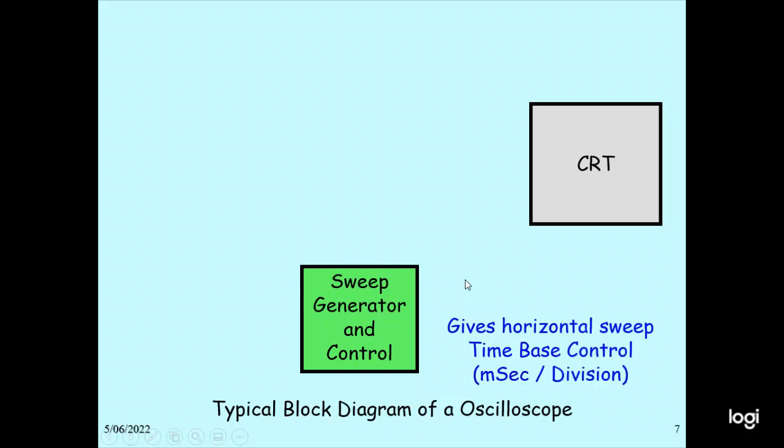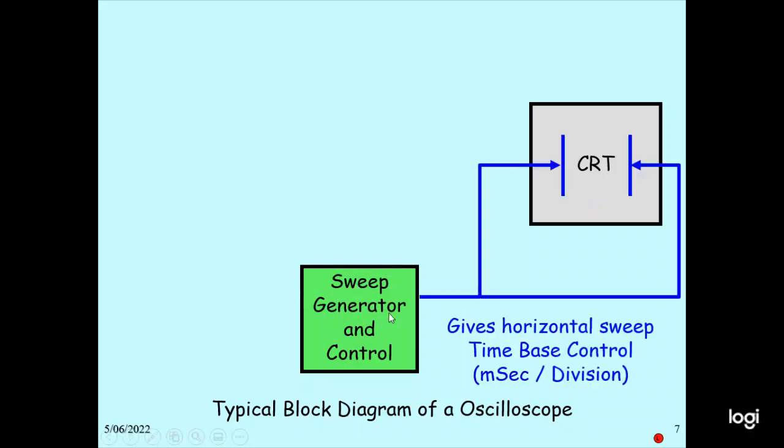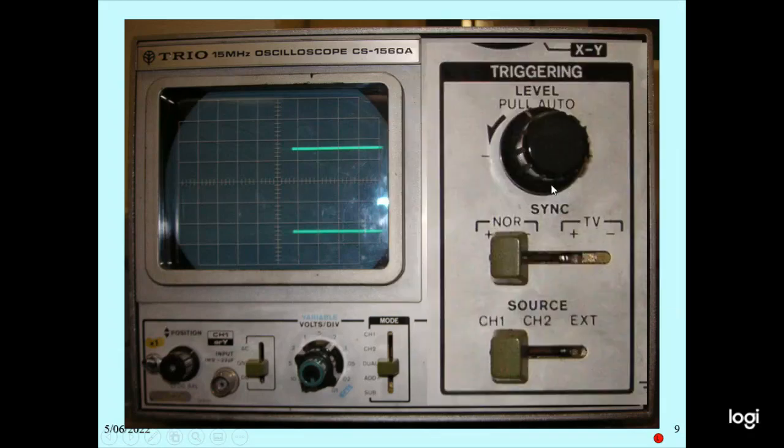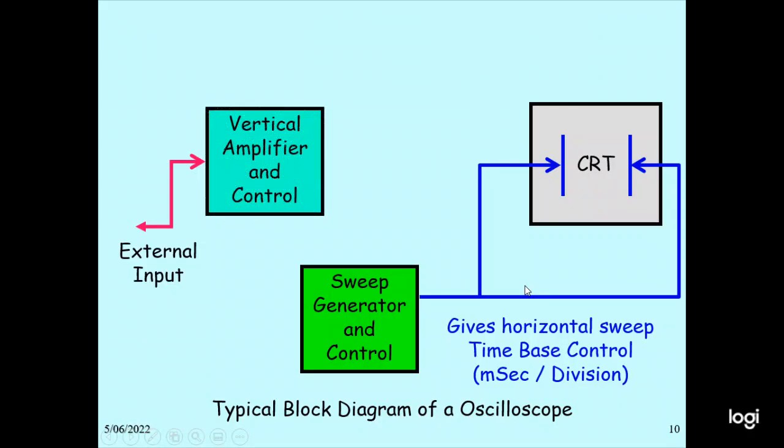Cathode ray oscilloscope, sweep generator control system. It provides a horizontal sweep, time-base control, in milliseconds per division. So this is the connection. Here is a triggering circuit, for synchronizing, the sweep triggering circuit. So this is the sweep generator control and the vertical amplifier control.